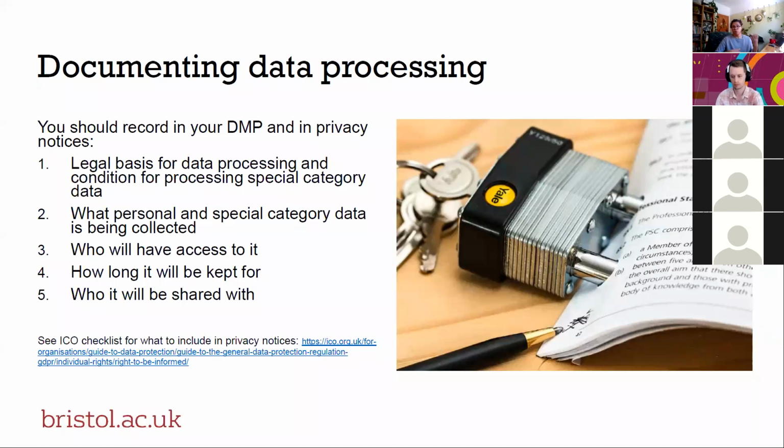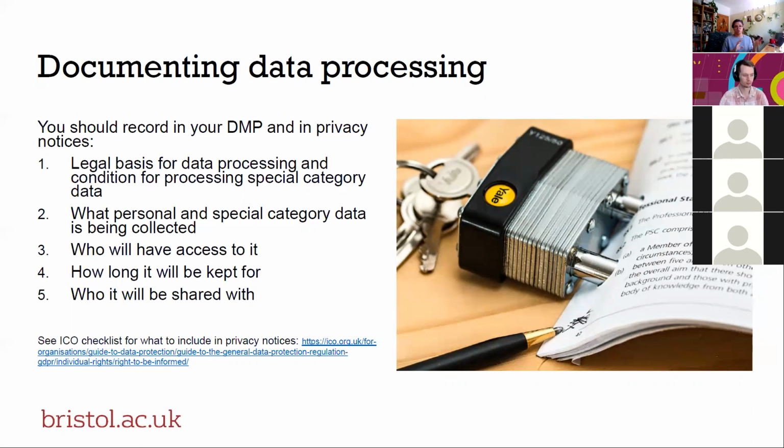You need to note what personal and special category data you're collecting, who's going to have access to it, how long it's going to be kept for, and who it's going to be shared with. But as I mentioned before, this is all the stuff that will fall out of your data management plan. So you've ticked all the boxes there already if you've created a data management plan.